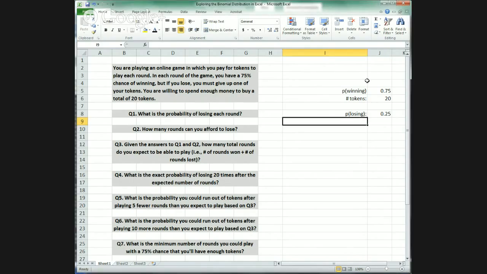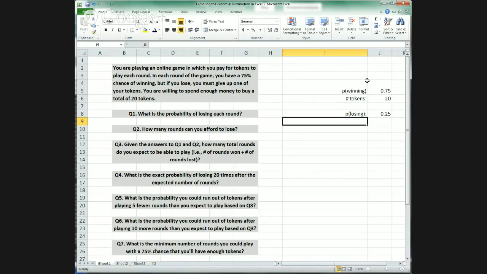All right, so the next question asks, how many rounds can you afford to lose? Now, this is a question that can be a little tricky. So knowing what we know, how many rounds could we afford to lose? Well, we know that we have 20 tokens and we have to pay 1 token every time we lose a round.